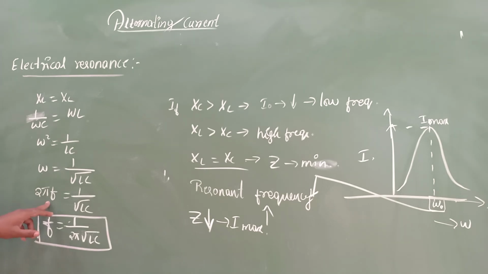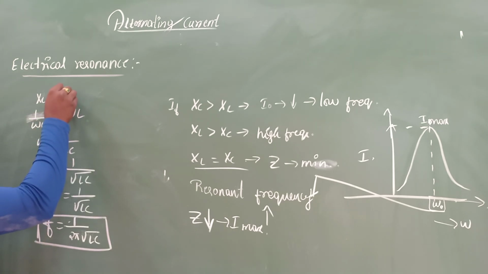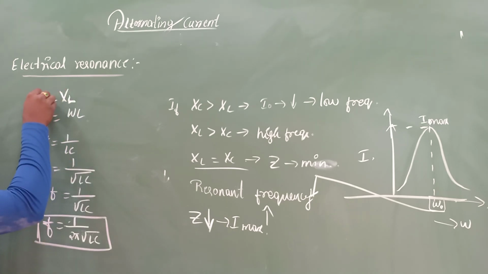We can write 2 pi f or 2 pi nu naught, it depends. Since XC is equal to XL, don't get confused, XC is equal to XL.